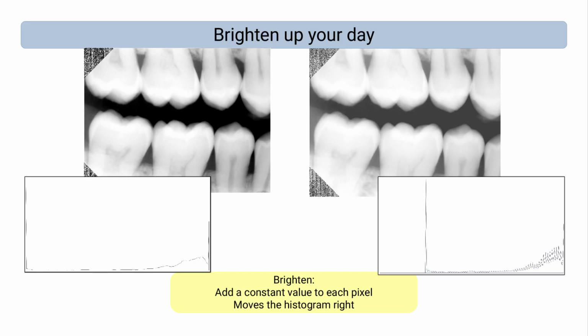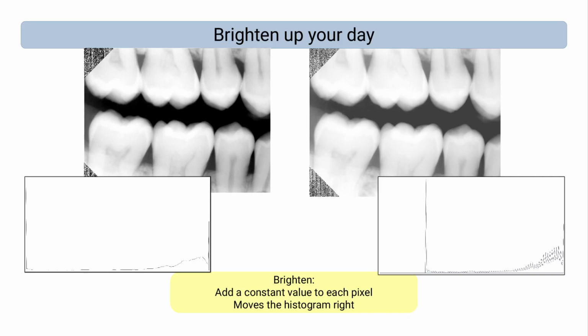So one thing you can do is brighten it up. But what does brightening up an image do? Well, what it does essentially is increase the value of each pixel. When you increase the value of each pixel, it only does a certain amount of increase. So if the value was 0 and you increase the brightness by, let's say, 5, it goes from 0 to 5.